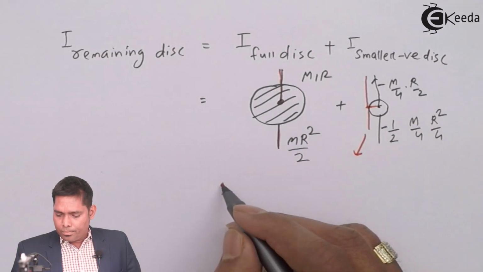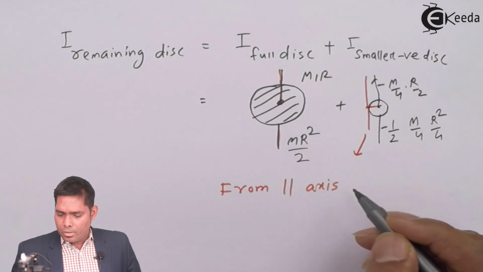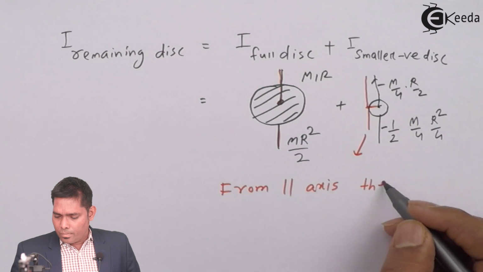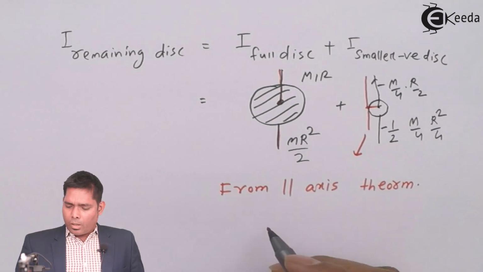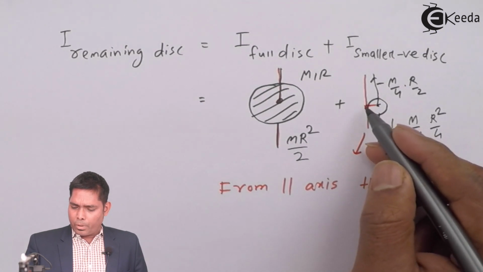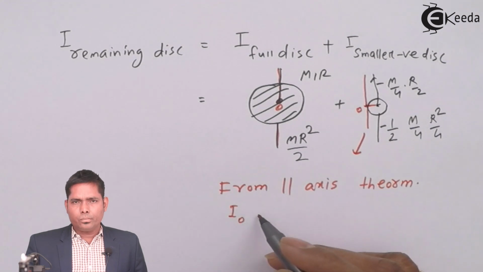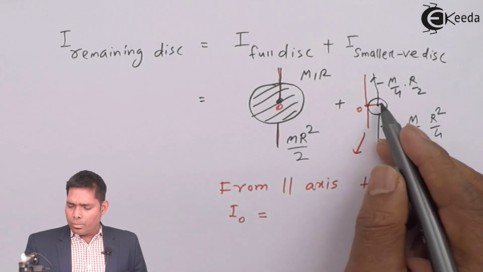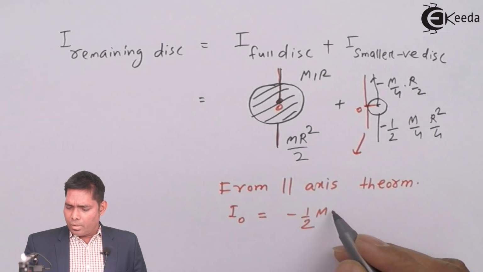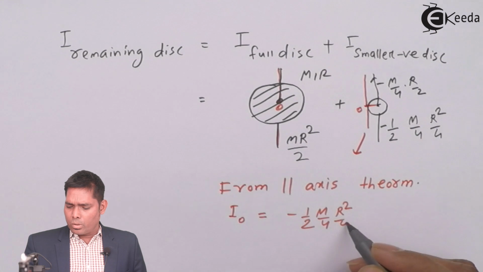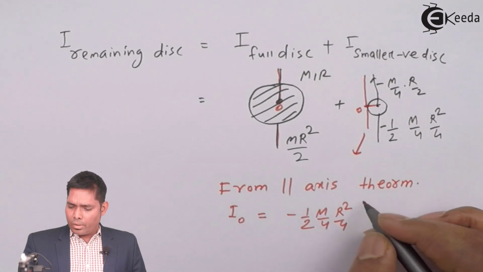So from the parallel axis theorem, I will write the moment of inertia about this point, which is obviously this point O, equals the moment of inertia about this, which is minus half of m by 4 into r square by 4, and that is also negative.